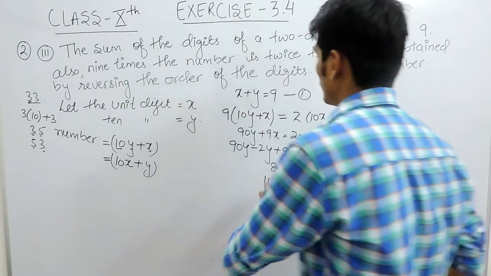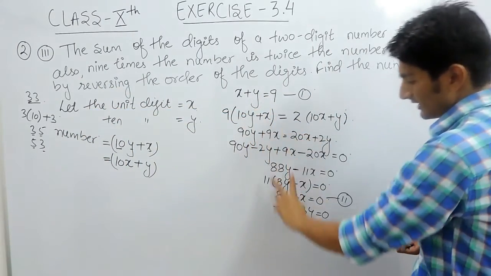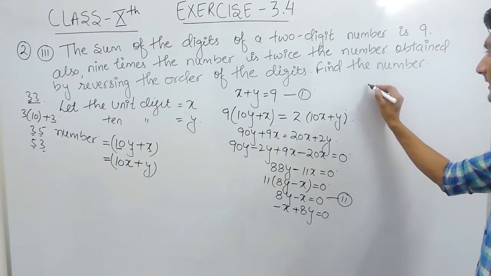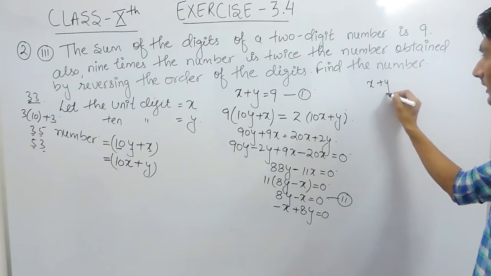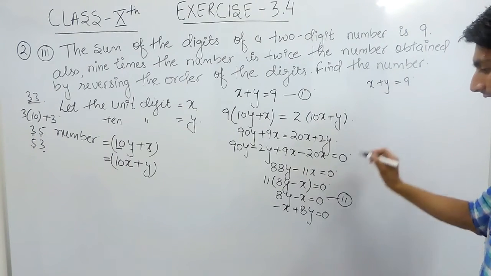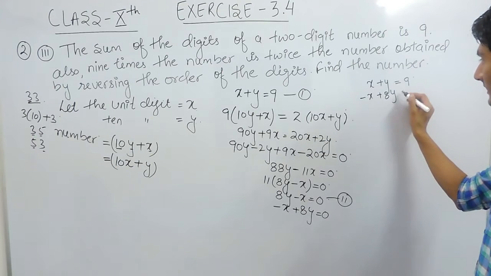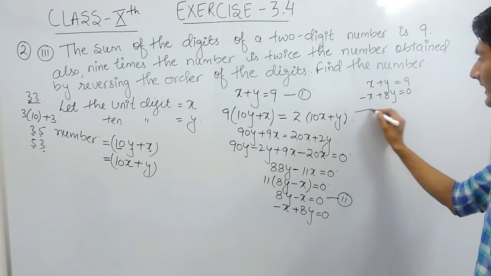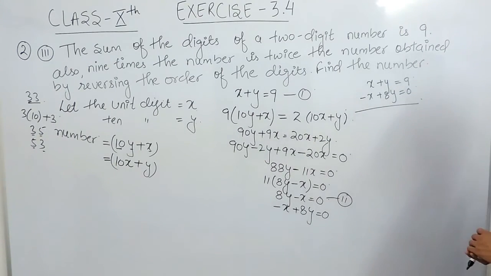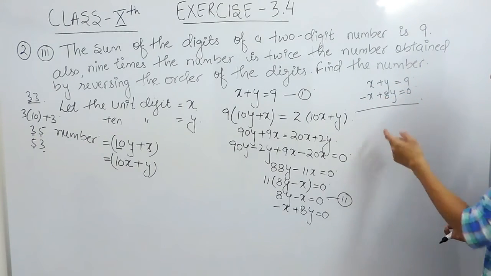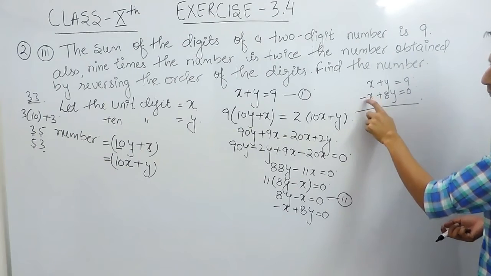So now we have two equations. First equation is this, second equation is this. We can solve these by the elimination method, and the second equation is minus x plus 8y equals to 0. Again, you don't need to equate the coefficients, because the coefficients of x are already equal and their signs are already opposite.